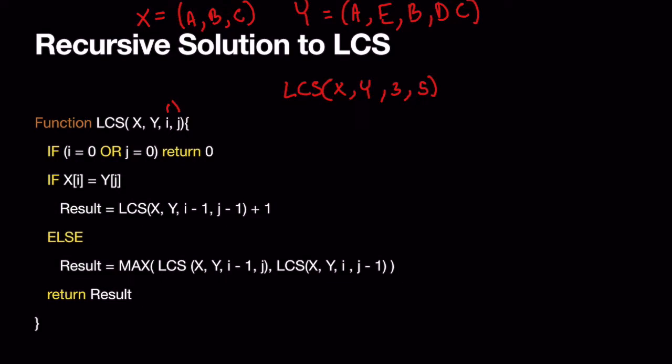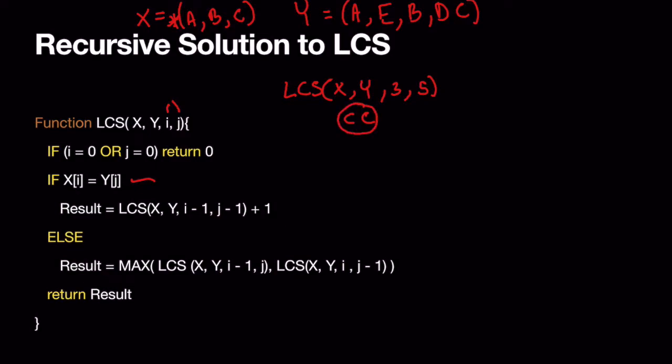And if i equals 0, that simply means that we are outside of our array. We just return 0. Here is where we will actually compare these values. And the first ones we compare are C and C. These are actually equal, right?